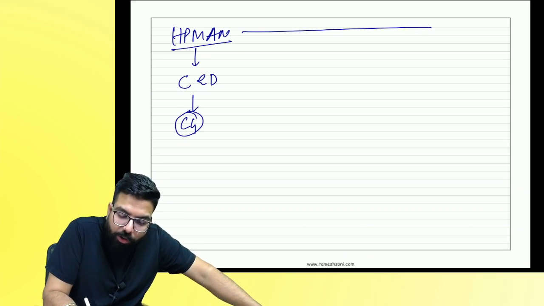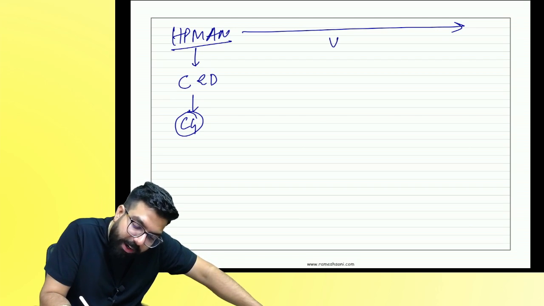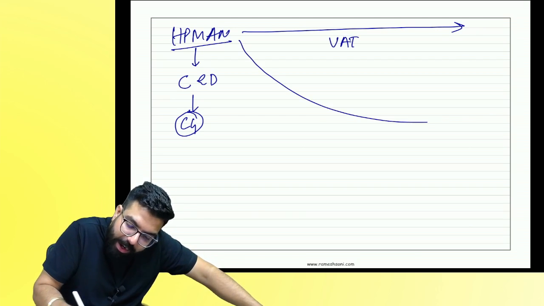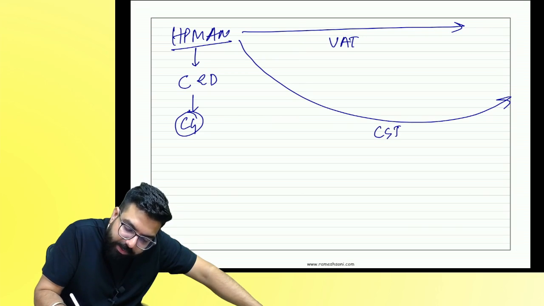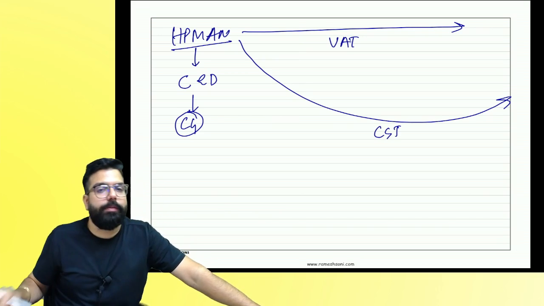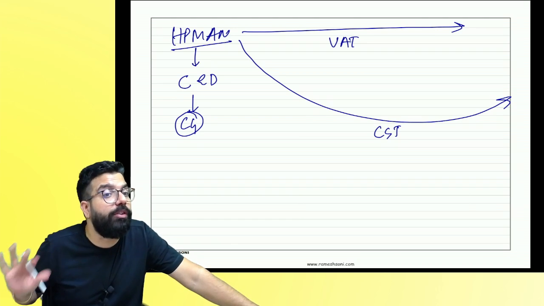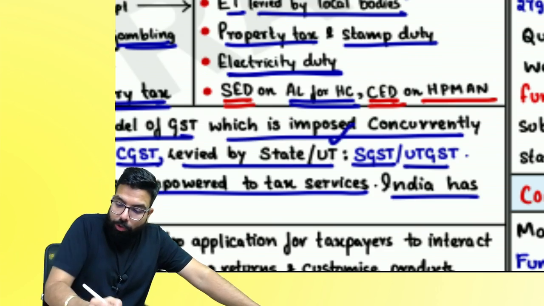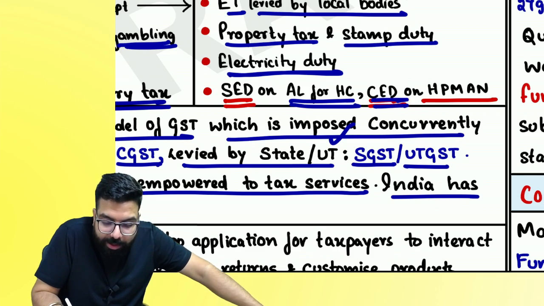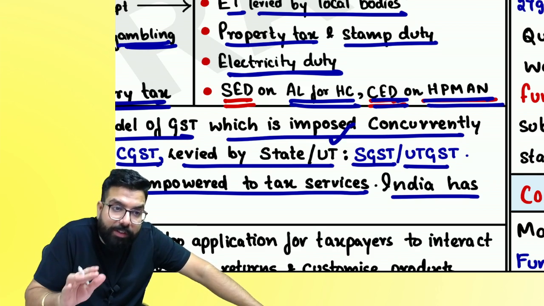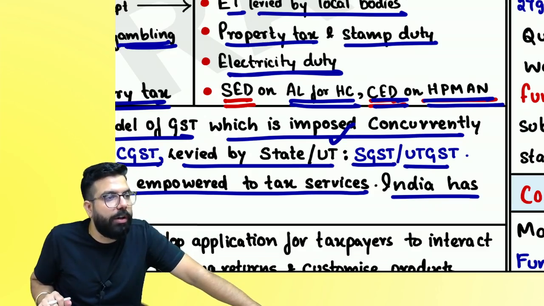And when it is selling, it still pays VAT. And if it is selling outside the state, GST. Because as of now, there is no GST, I have written over here, central excise duty on HP man will still continue. Are we all clear about it?